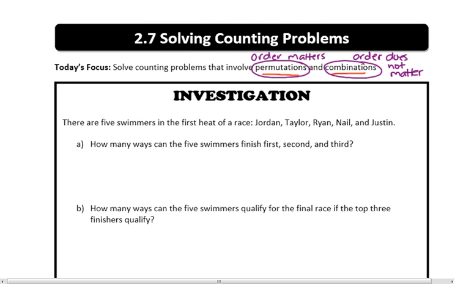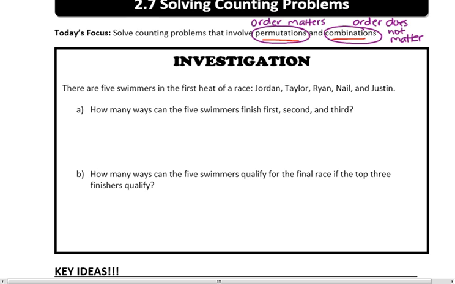Okay, so there are 5 swimmers in the first heat of a race: Jordan, Taylor, Ryan, Neil, and Justin. How many ways can the 5 swimmers finish first, second, and third? So here we have very distinct positions: first position, second position, and third.